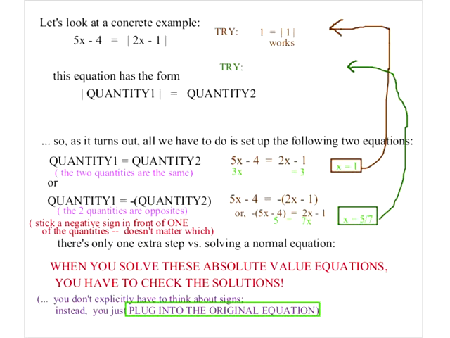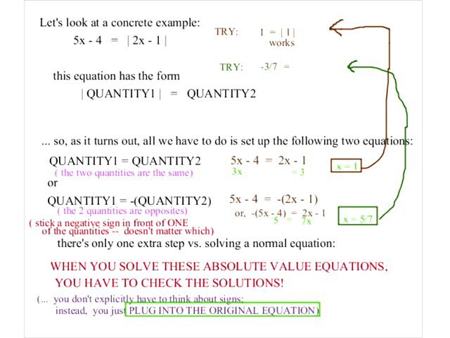So if we try this one, 5x minus 4 is 20 over 7 minus 28 over 7. That's negative 8 over 7, equals, and then the right-hand side is 10 over 7 minus 1. 5x minus 4, I made a mistake.